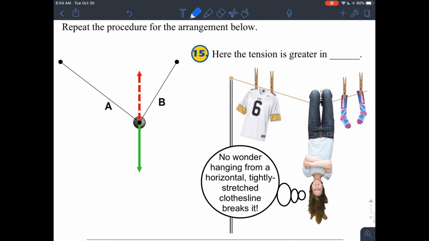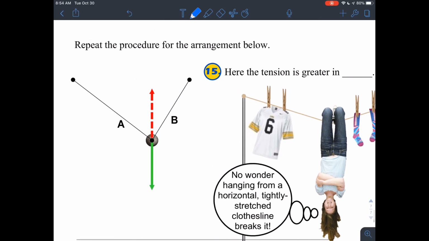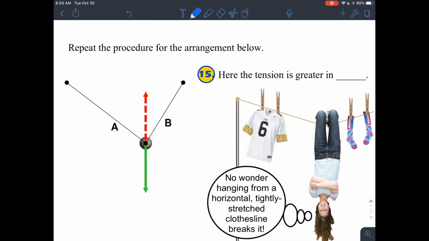So now in this example here, we're supposed to do the same thing. We're supposed to figure out which vector has more tension in it. Again, A and B, those black lines there, only tell us the direction, not the length. So what you have to imagine here is that A goes along, I'm going to do A in blue, A goes along this line till it gets to the edge of the red vector.